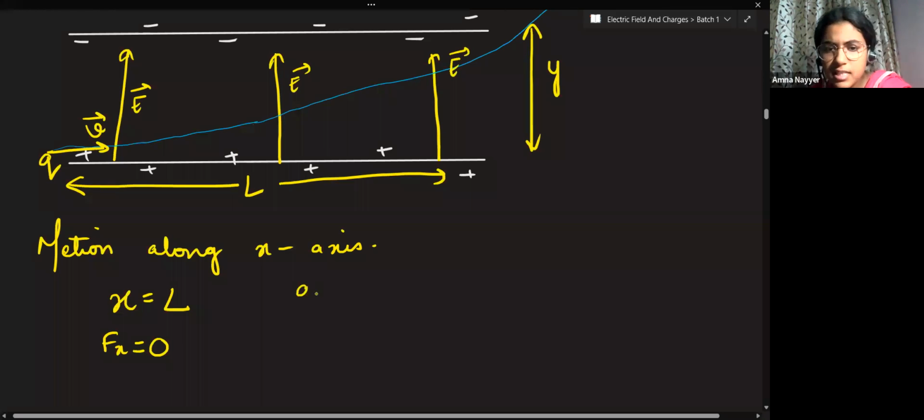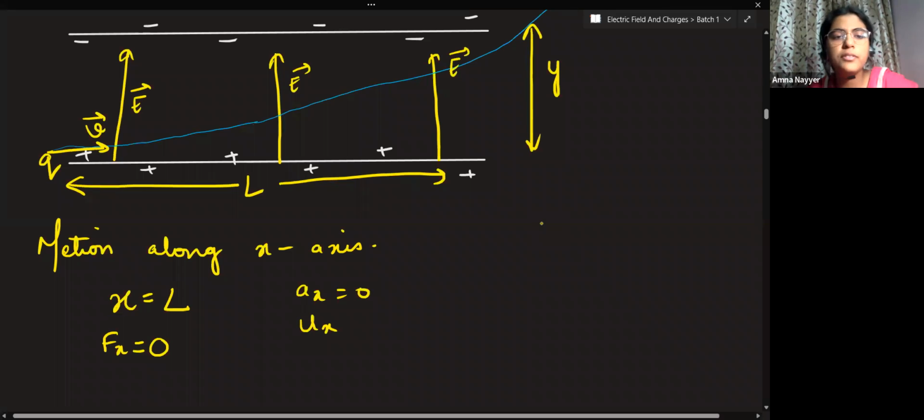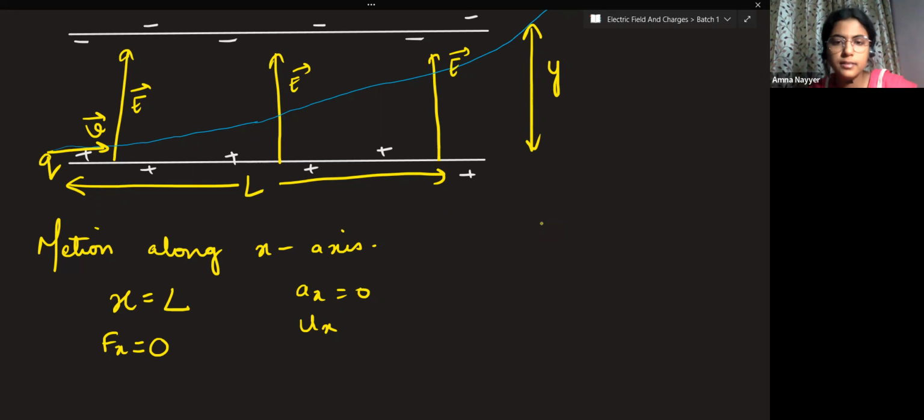If Fx is 0, then acceleration will also be 0. Force is 0, acceleration will also be 0. All of you write to me in the chat box: what is the initial velocity along the x-axis? Read the question or just look in the figure. Are you able to see any velocity in the x-axis?